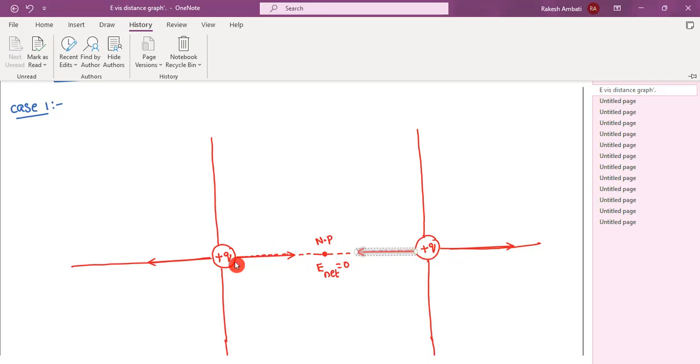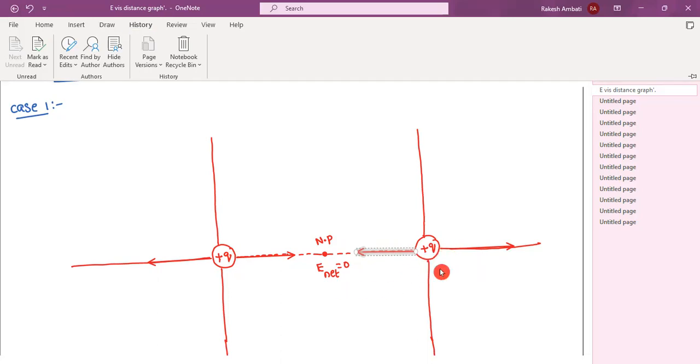Then one more point. If the electric field is in the positive direction, we have to draw the intensity graph on the positive side.